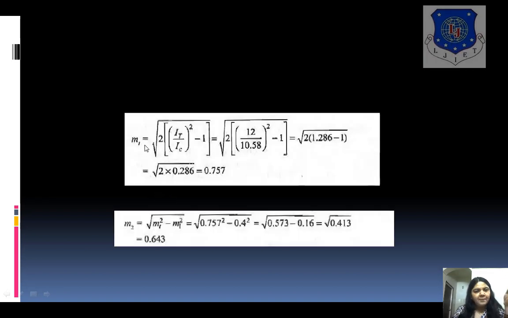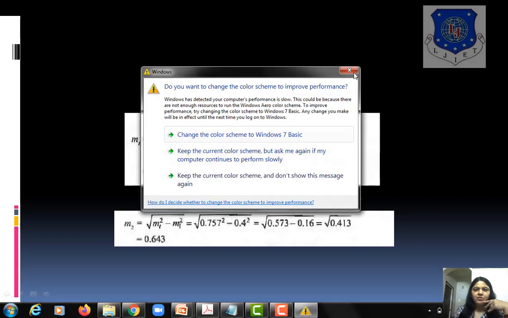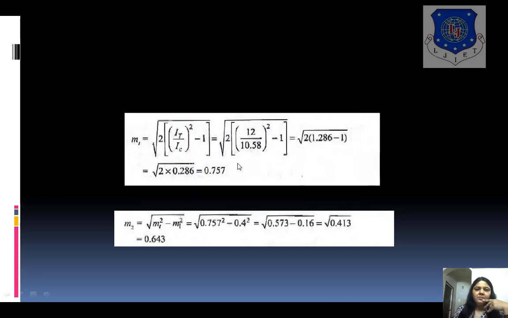So, MT is equal to square root of 2 into (IT by IC) whole square minus 1, is equal to square root of 2 into (12 upon 11) whole square minus 1. So it is 0.757.